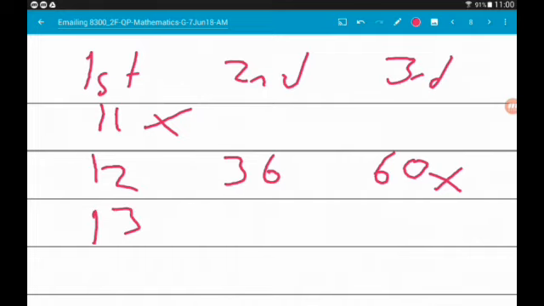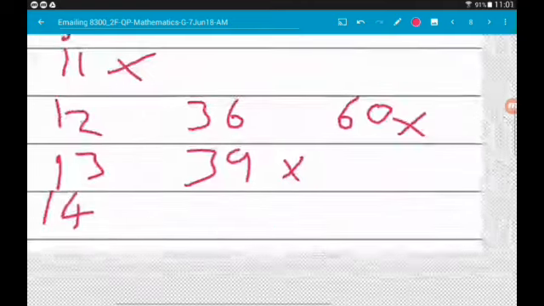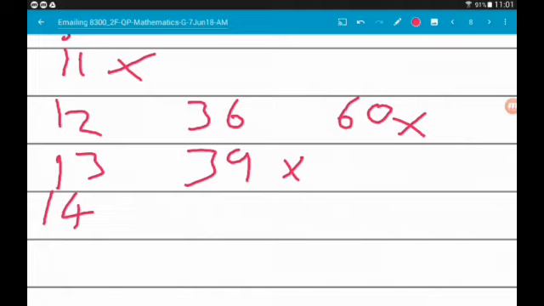13. 3 times 13 is 39. Now 3 is repeated. Nope. 14. 3 times 14 is 42. 4 has repeated.